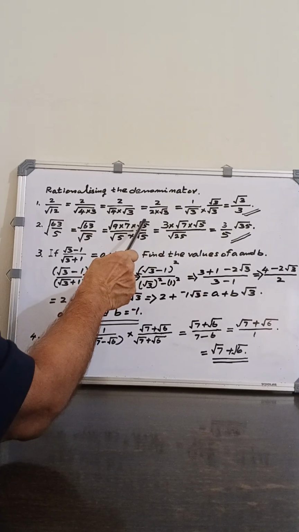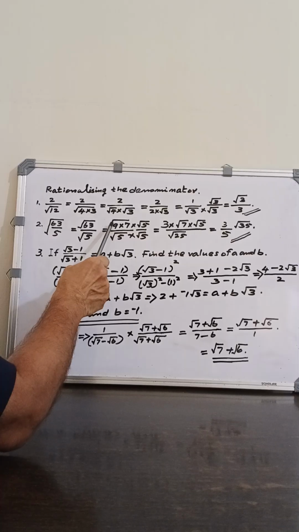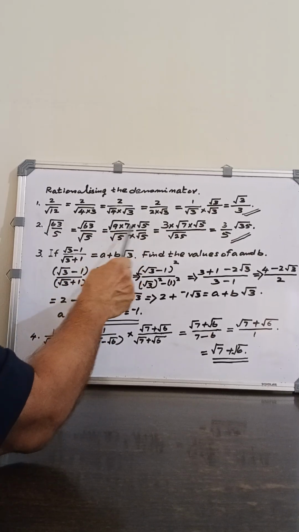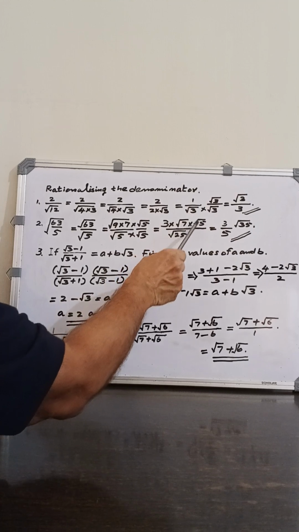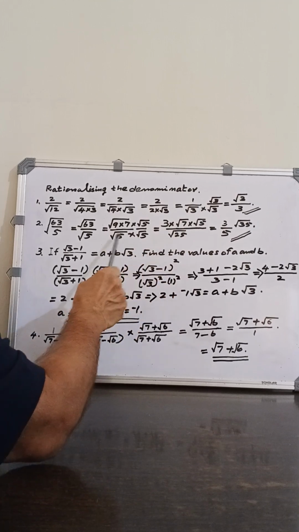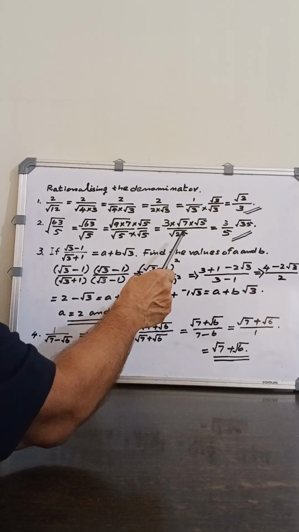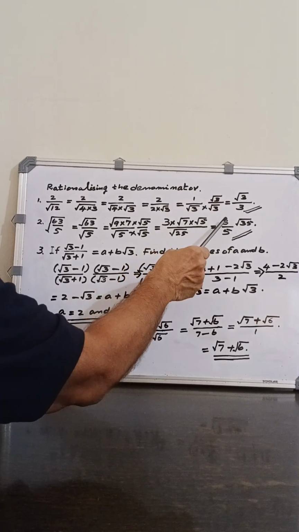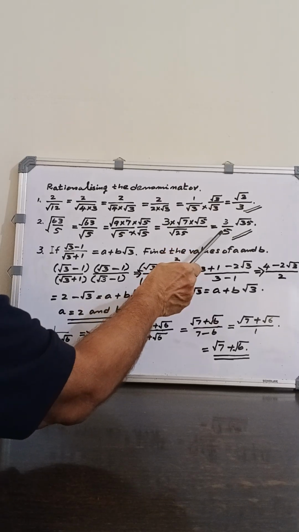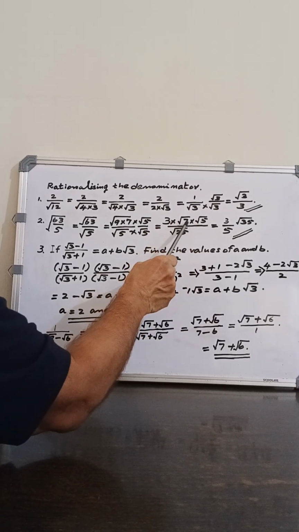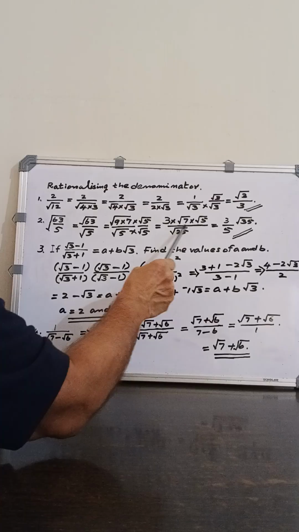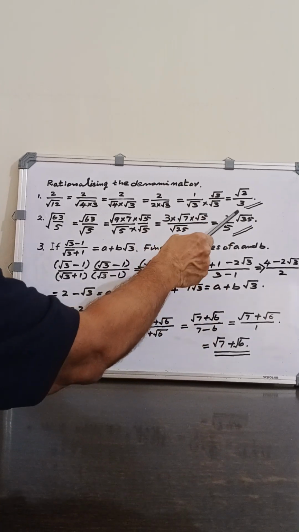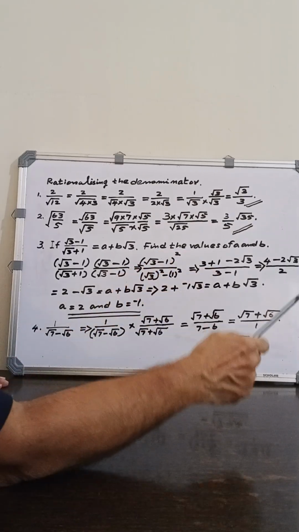Therefore, root 9 into root 7 into root 5, by root 5 into root 5, that is 25. Root 9 is 3, and root 25 is 5. Therefore, 3 by 5. Root 7 into root 5 means root of 7 into 5, that is root 35. Thus, 3 by 5 root 35 is the final result.